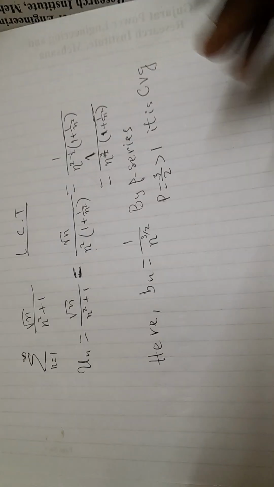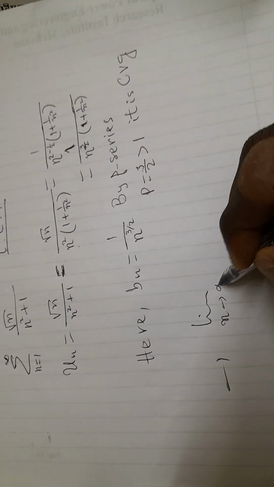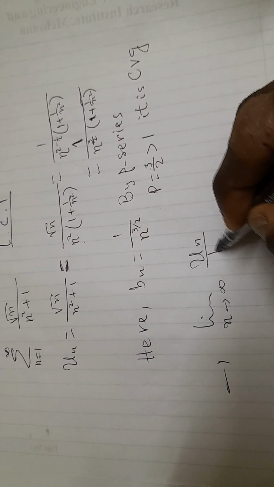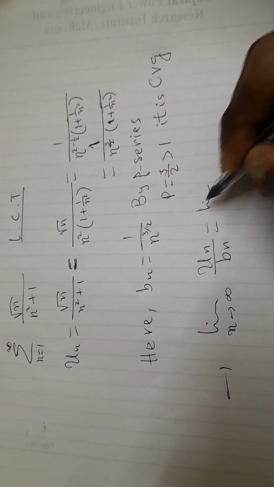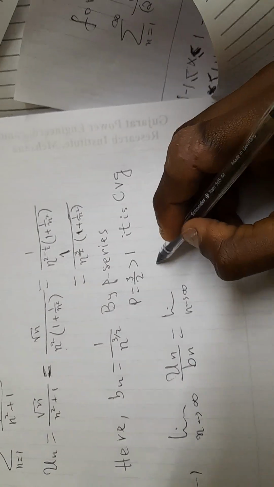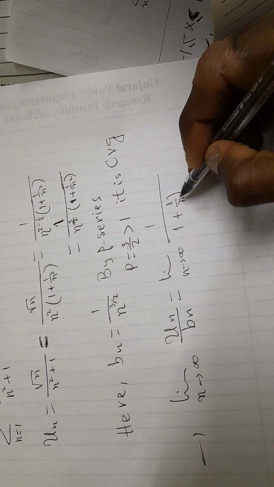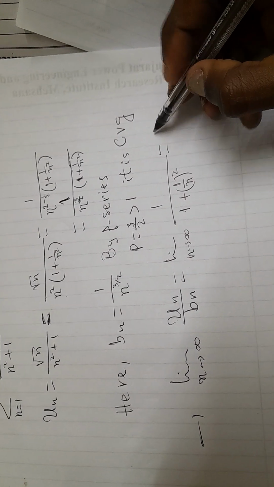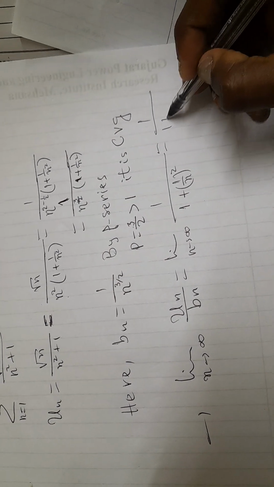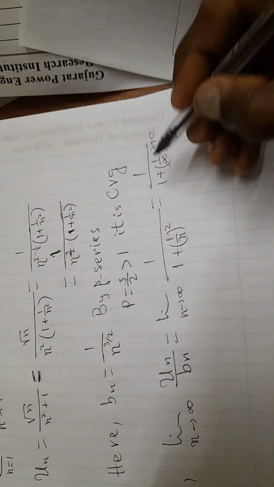If bn is convergent, the last thing we have to do is calculate the limit when n goes to infinite of un upon bn. This limit will be 1 upon 1 plus 1 upon n square. Put infinite here, you get 1 plus 1 upon infinite square. This will be 0, so the limit will be equal to 1.